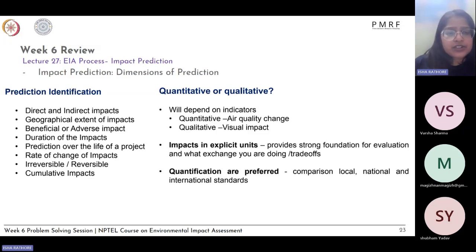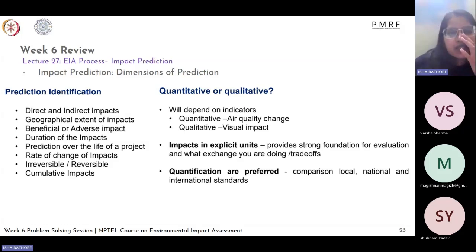How much is the geographical extent of the impacts, whether it's beneficial, a positive impact or a negative impact, what is the duration of the impact, whether it's short term, long term, reversible, irreversible, whether two or more impacts are coming together, so cumulative impacts, and what is the prediction over the life of the project and the rate of change of impact. So all of these are impact identification or prediction things which you need to consider.